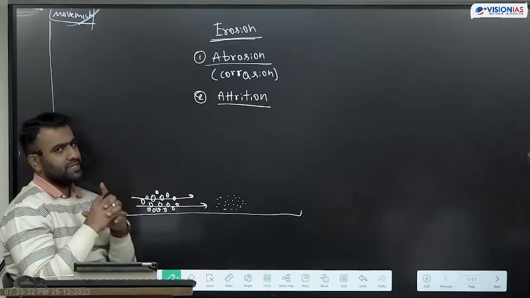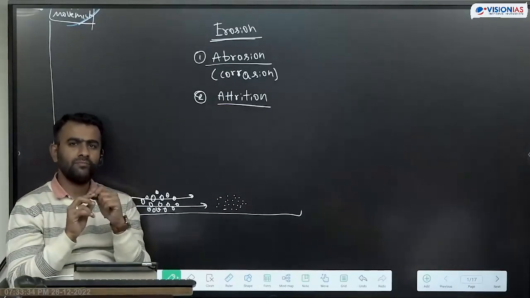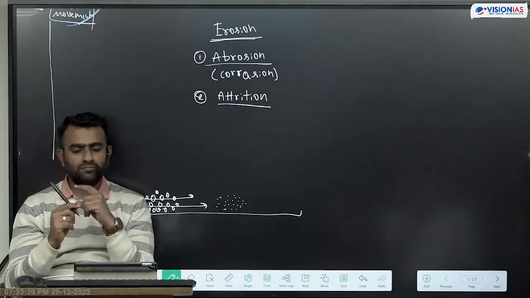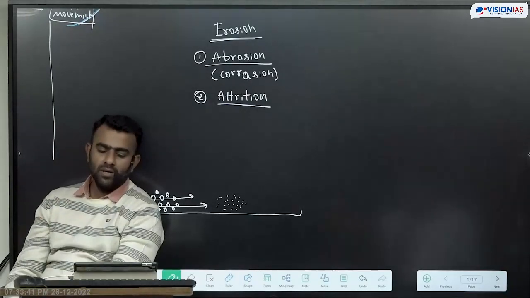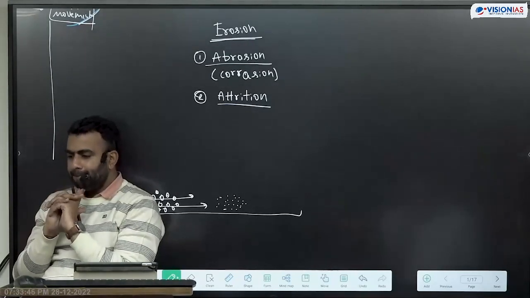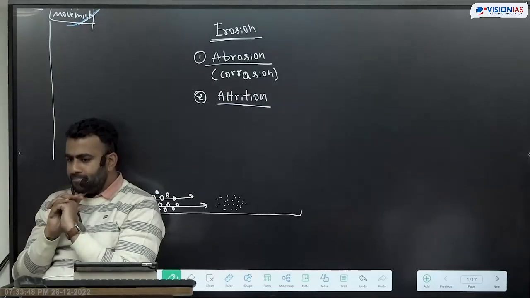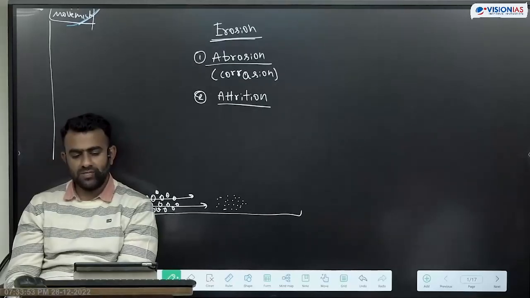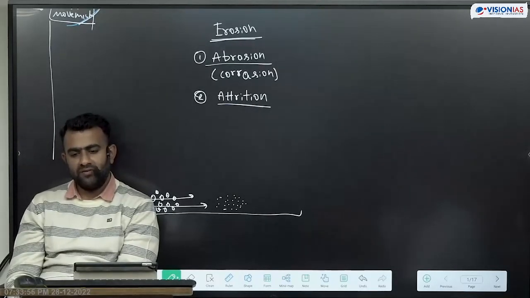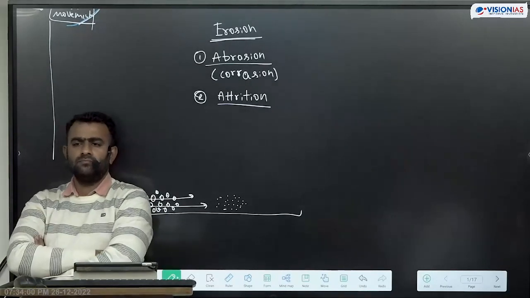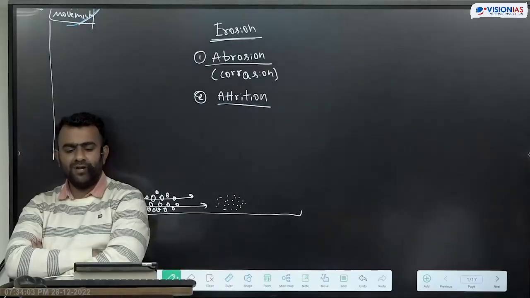Second one, attrition. लिखो. It involves reduction in the size of fragments by friction and impact during transportation.